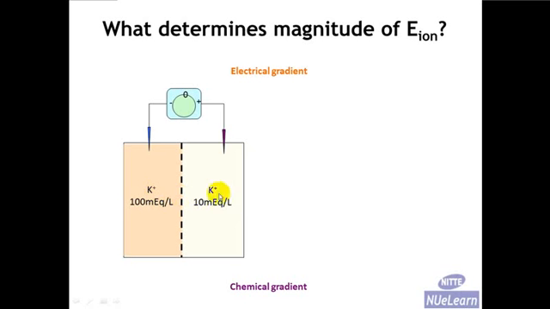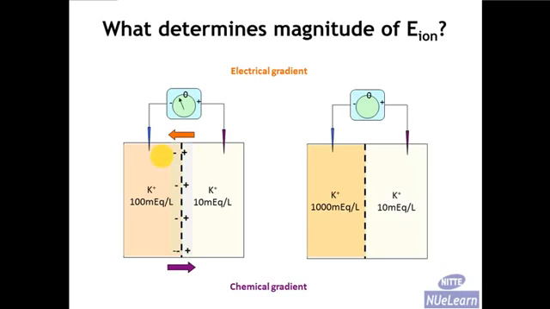Therefore, there is a 10 times chemical gradient from left to right, and as expected there will be movement of potassium ions from left to right down the chemical gradient, creating an electrical gradient that is directed in the opposite direction, and ultimately the electrical gradient becomes as large as the chemical gradient, and there is an equilibrium reached, and the potential at which this equilibrium is reached is the equilibrium potential for this system.